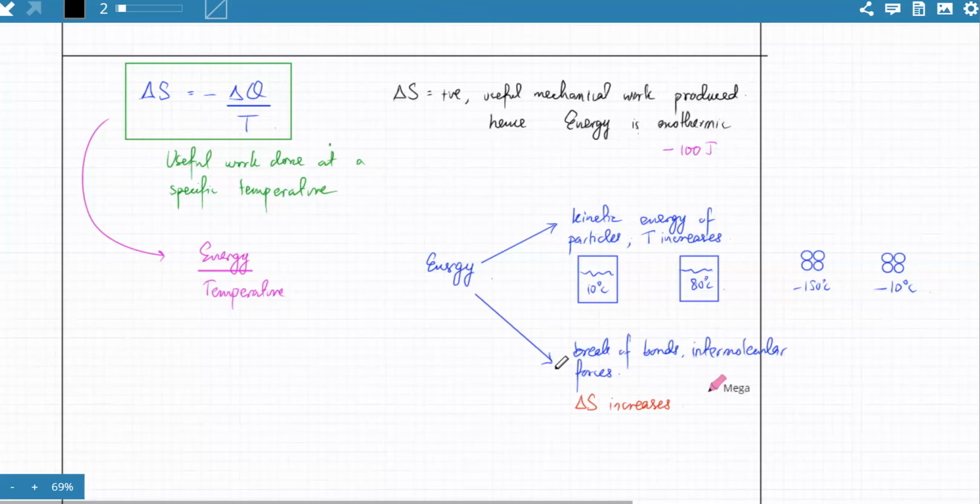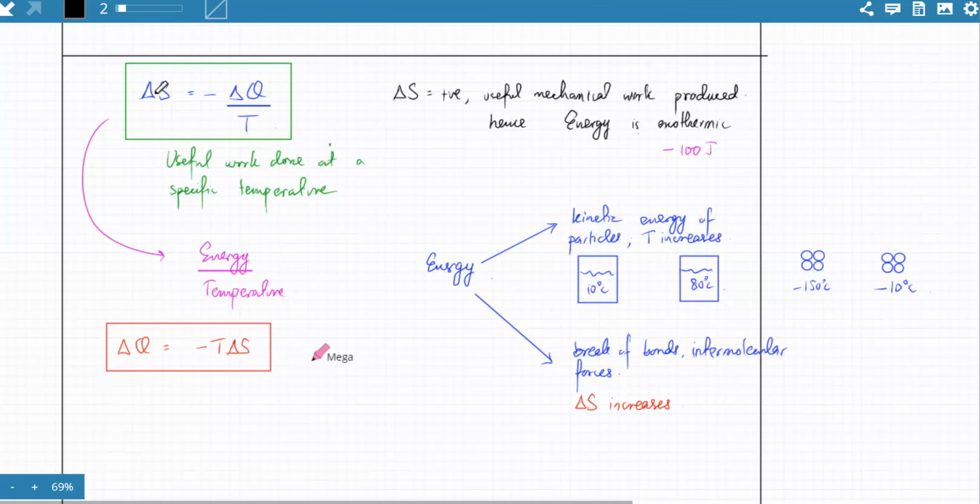So coming back to this formula, this is just conceptual things. No one is going to ask you about this. The only thing I was interested in about this formula was that if I want to figure out the work produced at a specific temperature by a specific entropy change, then that work would be minus T delta S. This is something that you should know.